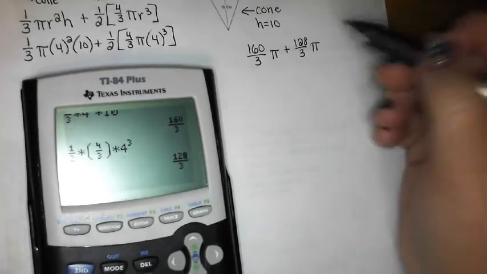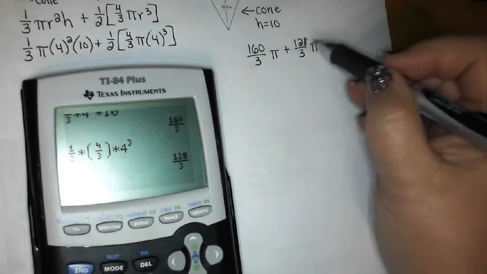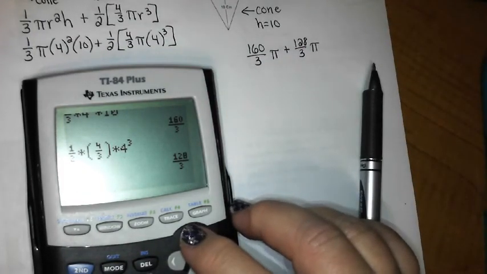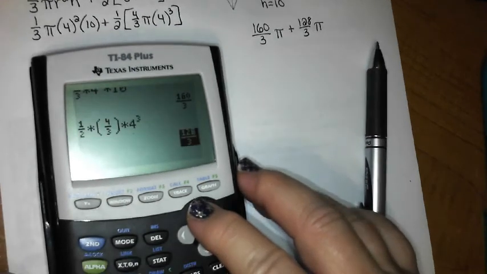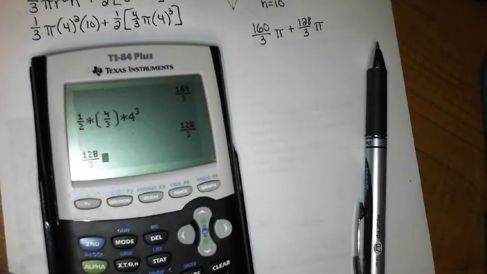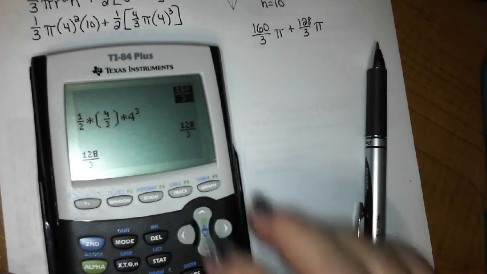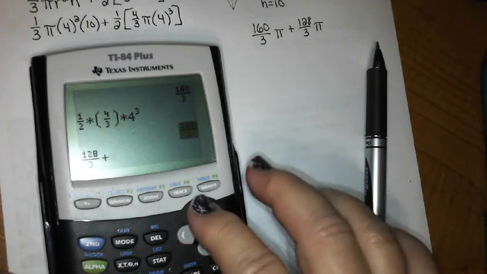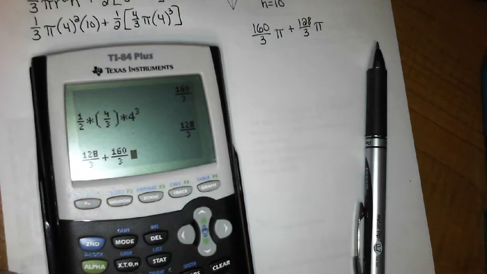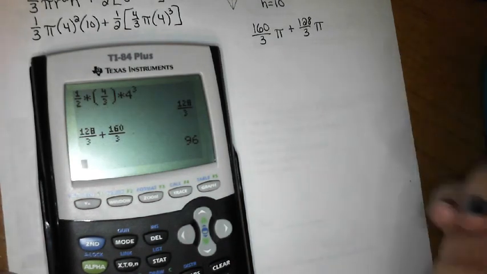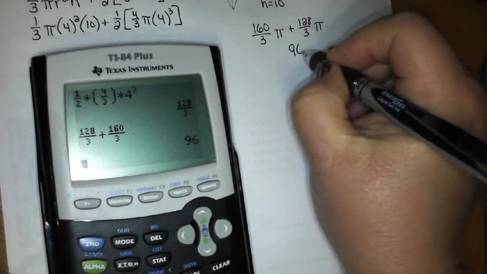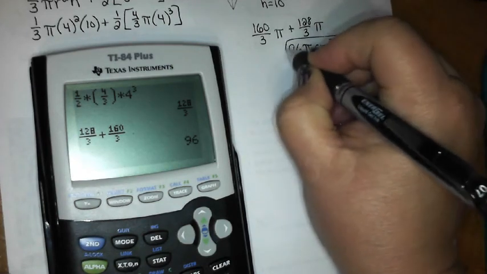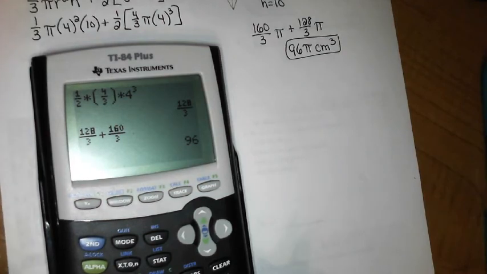And let's see what happens when I add 160 over 3 plus 128 over 3. Now, some of you don't know this little trick that if I highlight something and hit enter, that's just a copy and paste that this calculator will do. Let me go back. I need to add the 160 over 3. Add those together, I get 96 pi for how much ice cream is in my cone and the little hemisphere on top.